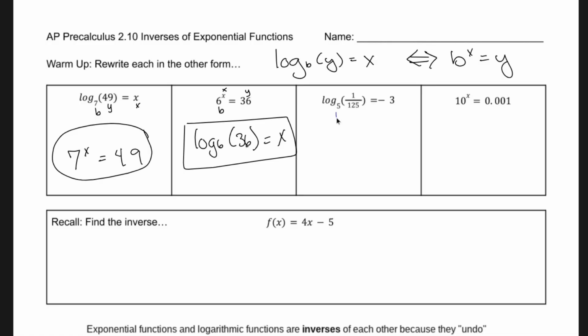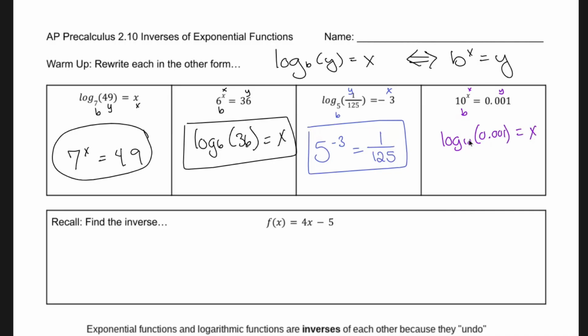You're in logarithmic form, so you're my b, you're my y, you're my x, so b to the x equals y is going to be 5 to the negative third equals 1 over 125, like so. 10 to the x equals 0.0001, and you're b, you're my x, you're my y, so log base 10 of y equals x. And we already know that log base 10 just can be written like that.